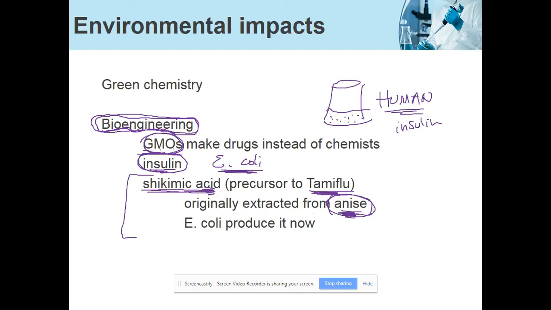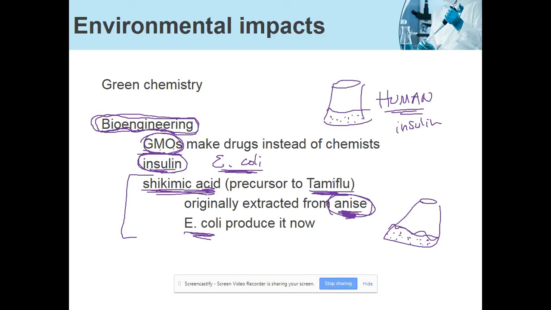So instead, we have blasted the gene that makes this shikimic acid, took it out of the anise plant, blasted it into bacteria. And now we have these beautiful, ginormous flasks that sit in a lab, and we have bacteria and we have food, and we keep them happy and warm, and they can just pump out all kinds of shikimic acid, which then chemists can use to make Tamiflu.